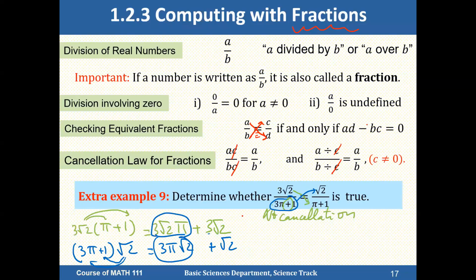But this, 3 square root of 2 and square root of 2, they are different. So this is not true. This is false. These two quantities are different. Why different? Because here simplification is not allowed. Okay.